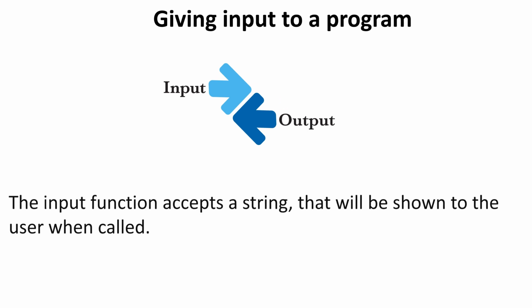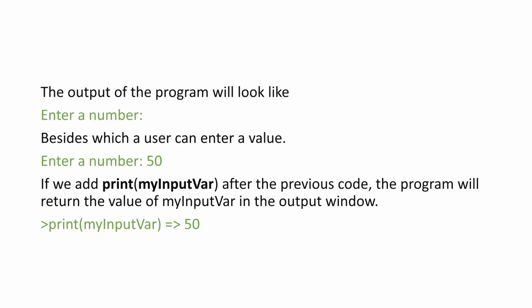The input function accepts a string that will be shown to the user when called. The output of the program will look like "Enter a number", beside which a user can enter a value.